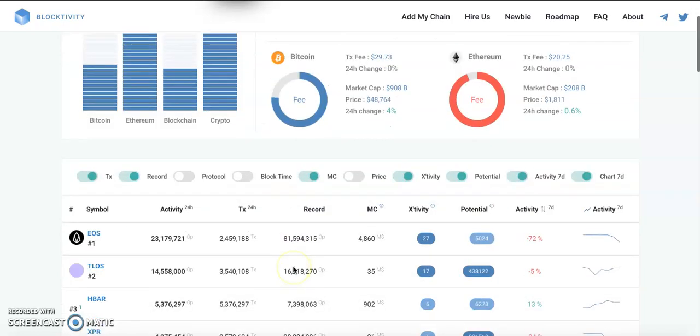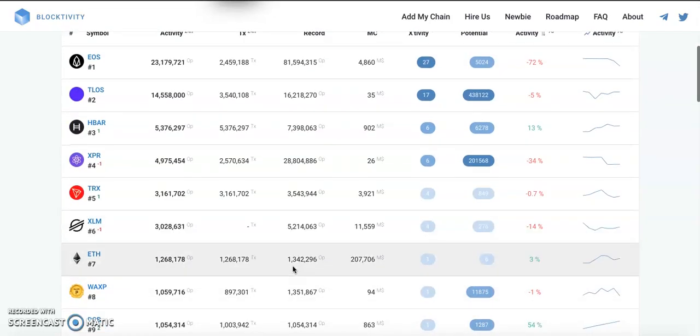So if you send, let's use Ethereum as an example, an Ethereum transaction, you'll notice the number of transactions on Ethereum equals the number of operations on Ethereum. 1268, 1778.